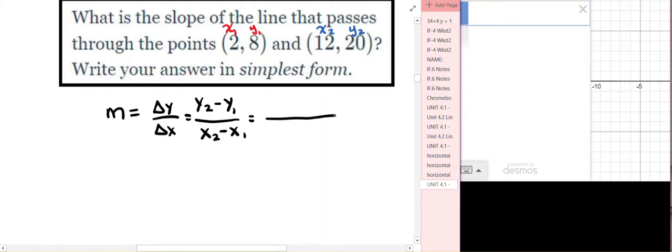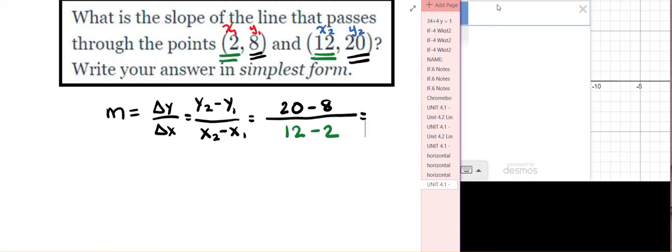So then ultimately it looks like this: 20 minus 8 over 12 minus 2. Right, and you just put this in a calculator, on Desmos.